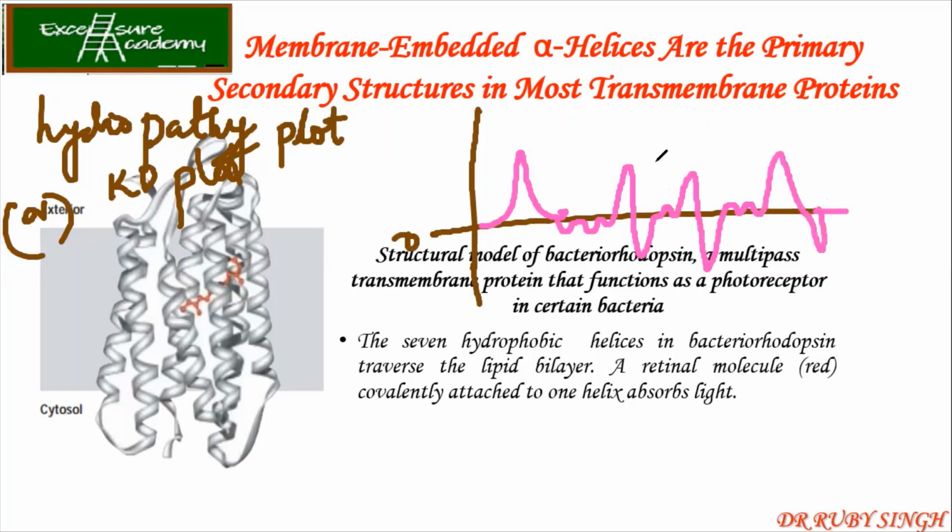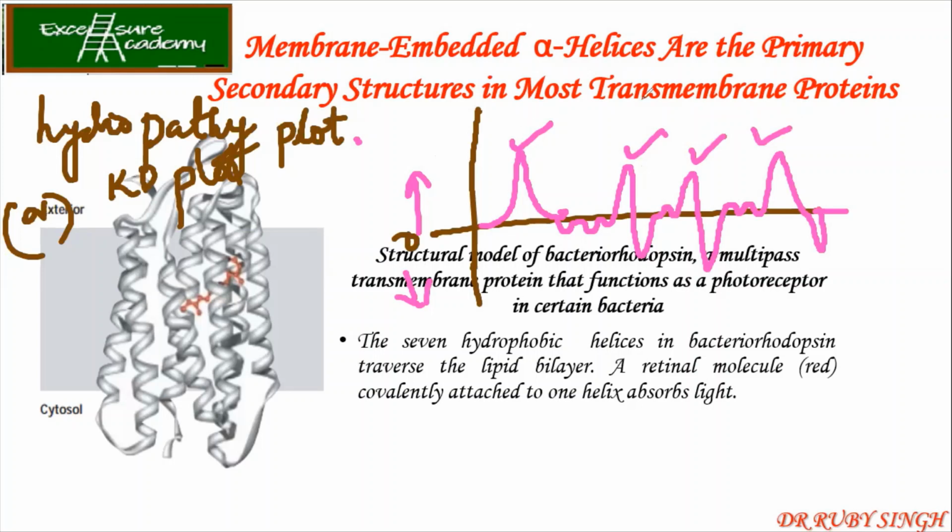In the hydropathy plot, above this side tells you about the hydrophobic residues, so how many spans are possible, and here it talks about the hydrophilicity of the protein. If this is the graph given and I'm asking how many alpha helices are present, what should be the answer? 1, 2, 3 and 4. Are you getting the point?